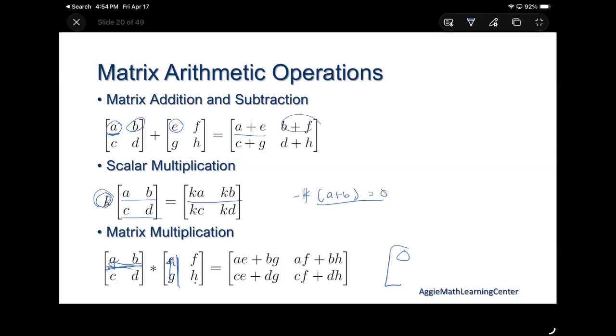Okay. So we'll get AE plus BG, which is written right there, but I just wrote it again.